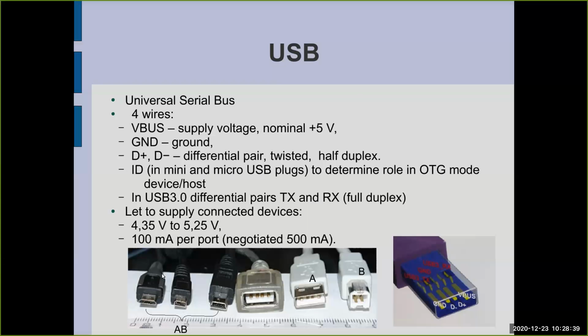So if you have a connector like this, and we have a cable which is micro USB on both sides, or we have a device like a pen drive with a micro USB plug, the ID line can be connected to ground, or it can be disconnected.